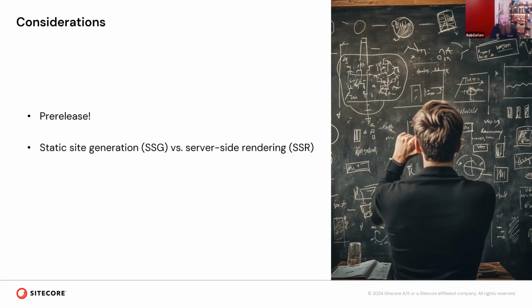The next is one I find quite interesting, and that's the discussion between static site generation and server-side rendering. Again, most of the time you're going to be considering this against Next.js. Next.js natively supports both static site generation and server-side rendering. ASP.NET Core is a server-side rendered language by default. There is no static site generation.